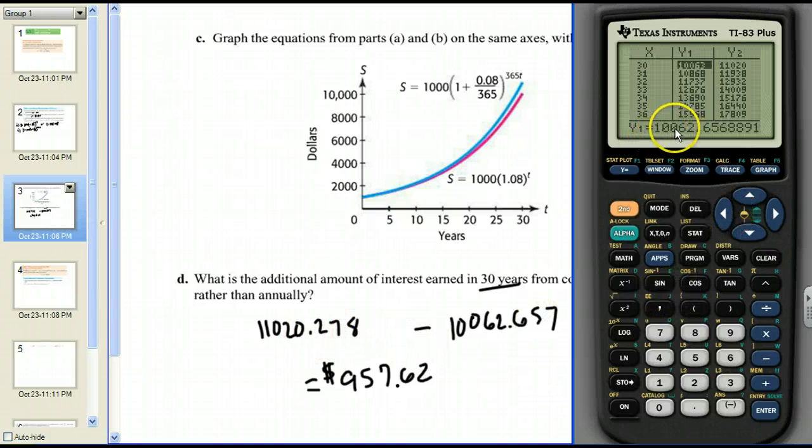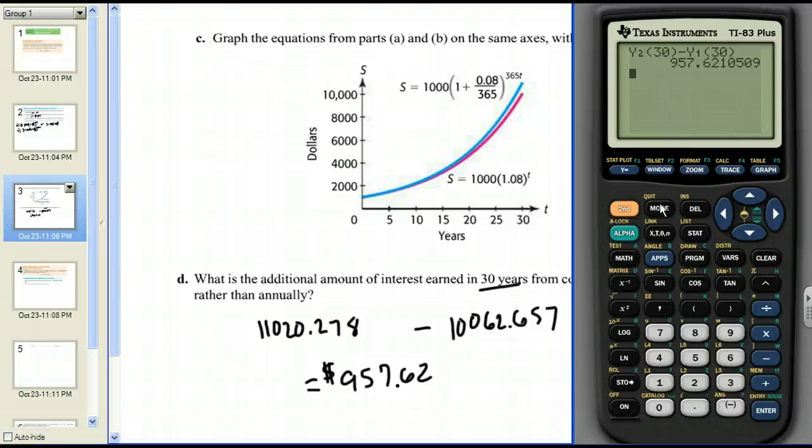And then 10,062.657. So you could get it from there as well, from the table. But any of those will give you a good approximation of what that is. This one's going to do all the work for you, though, if you get yourself comfortable with doing that. So just rewatch the video a few times to get yourself comfortable with putting in a function and using that vars menu to find the difference between two outputs.